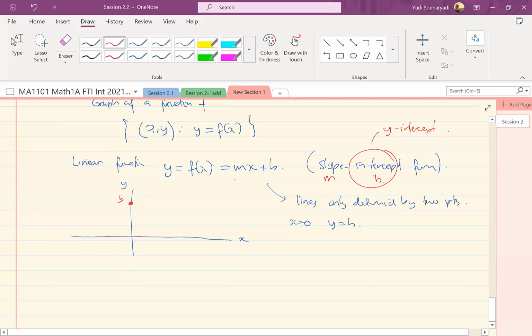All right, so m tells you how the line tends to go, whether it's decreasing or increasing. So if m is positive, then the graph is increasing.